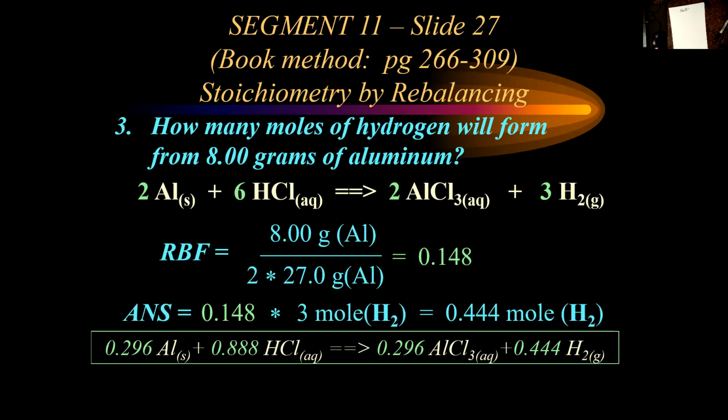And one of the things we have to worry about, we talked about it with you in the first lab lecture, is safety and hazardous chemicals and how we dispose of them and where they go. Well, if I'm doing this problem, I certainly want to know that I'm going to get 0.444 moles of hydrogen, because maybe that's the amount of hydrogen I want a particular student to generate in a lab experiment.